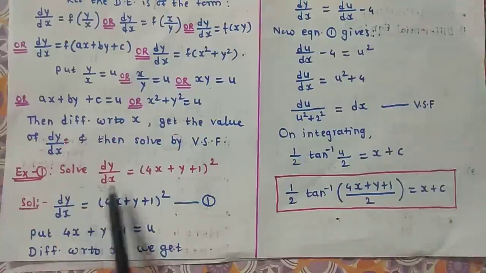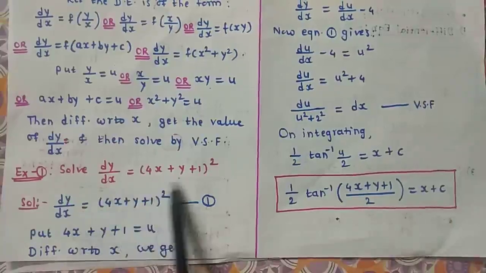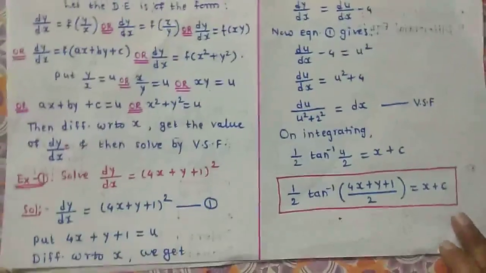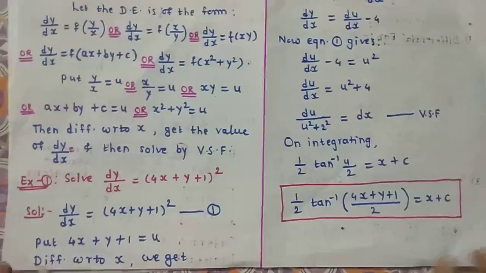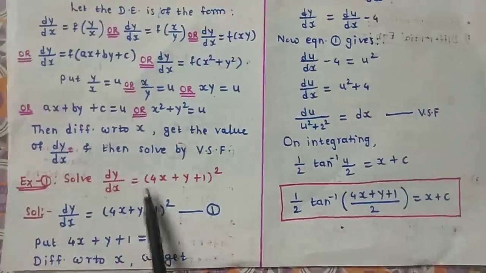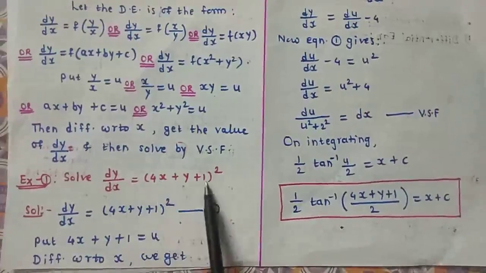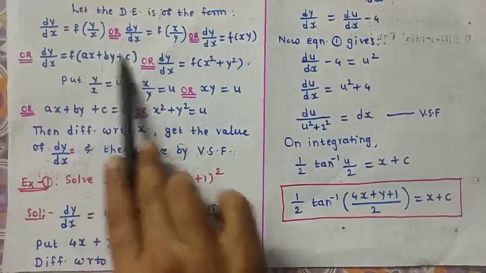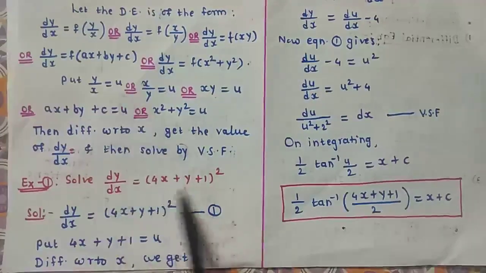Solve dy by dx equals 4x plus y plus 1 whole square. If you observe, this differential equation is of the form dy by dx equals some function of 4x plus y plus 1, right? So in this type we replace this term 4x plus y plus 1 by a new variable, say u.